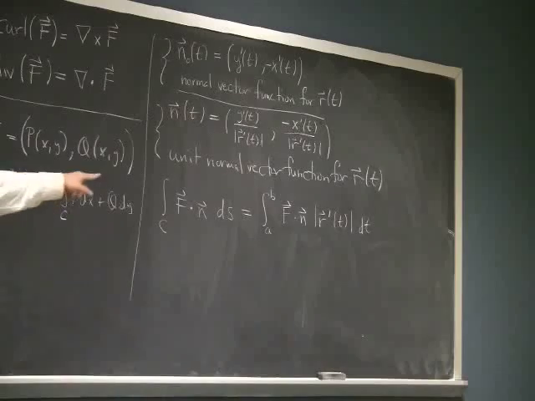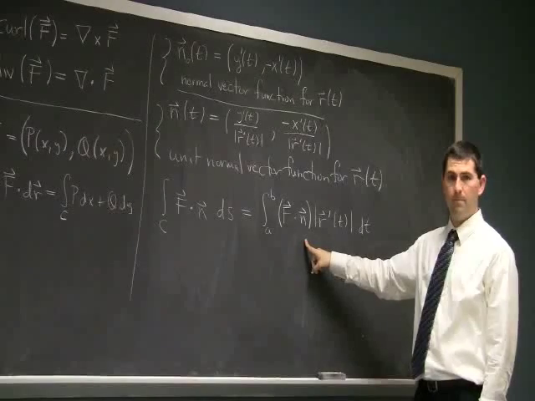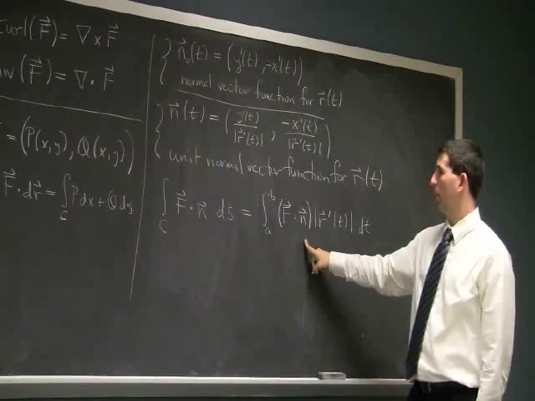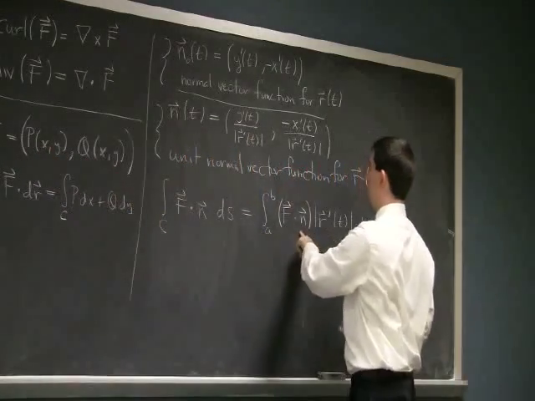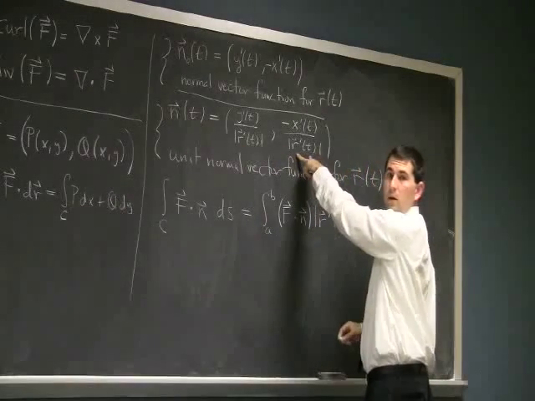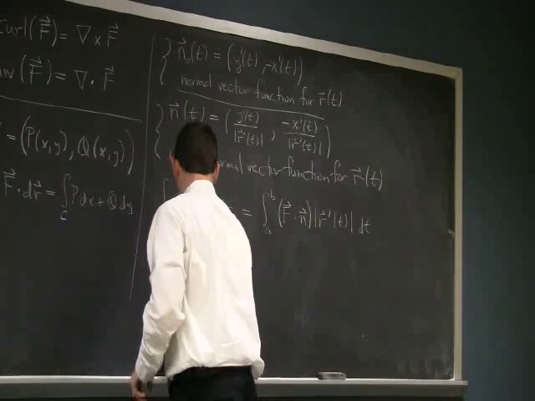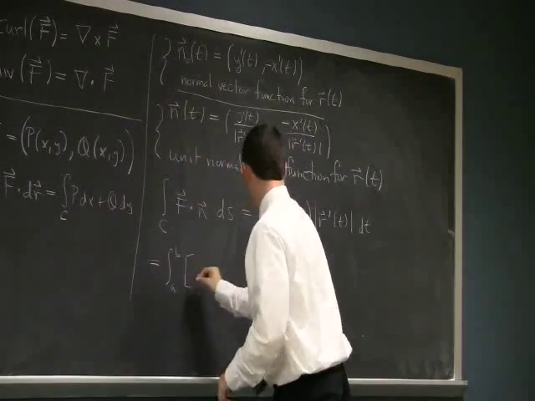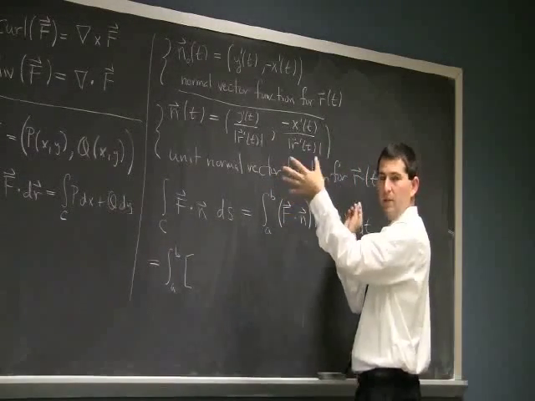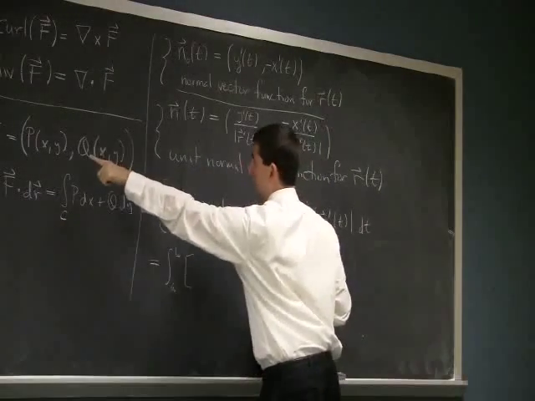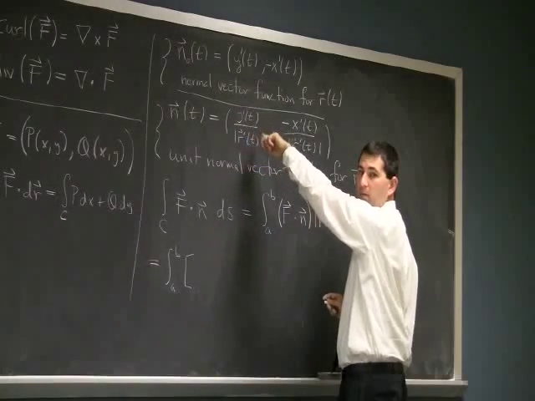What happens if I take the dot product of f and n? Remembering f is p and q, and n is given by this. Well, let's see. You take the components and multiply them and add them up. So the first component of f is p. The first component of n is this y prime of t divided by the norm of r prime of t.